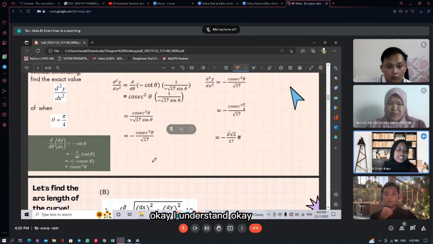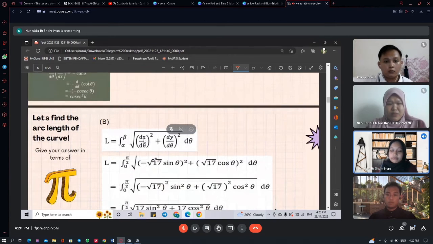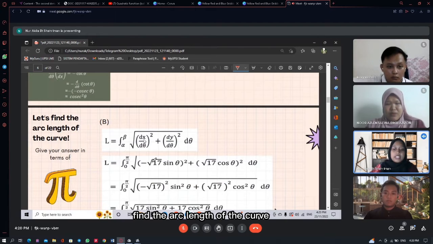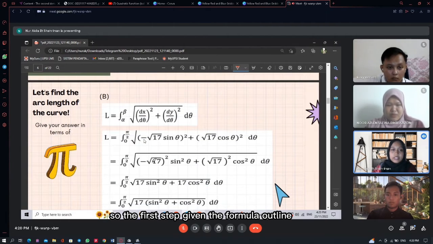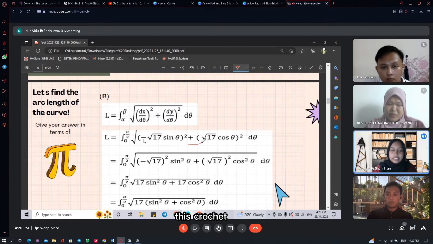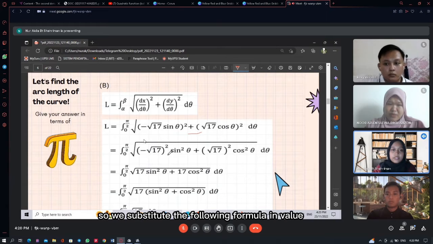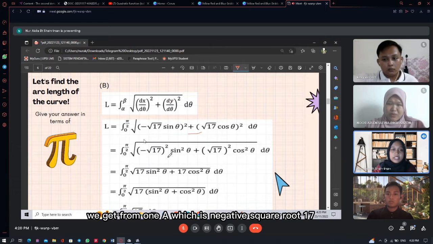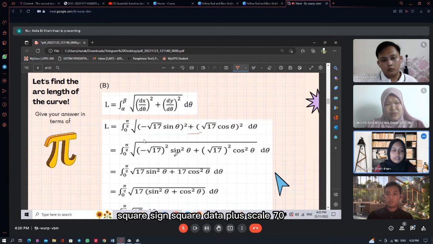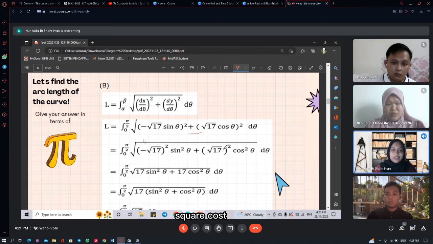For the 1b question, find the arc length of the curve. Give your answer in terms of pi. So the first step, given the arc length formula in this question, we substitute the values we get from 1a, which is negative square root 17 sine squared theta plus square root 17 cos squared theta d theta.